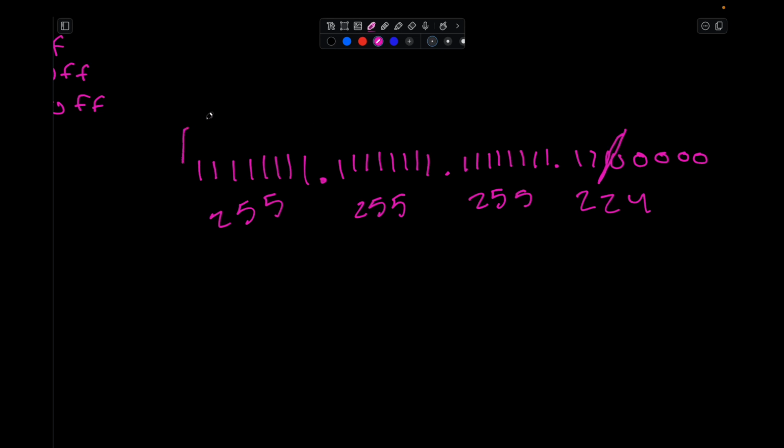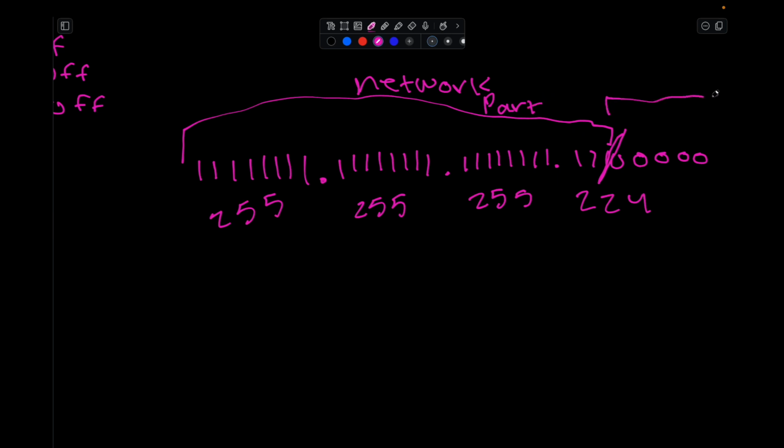This is the network portion, and this is the host part.